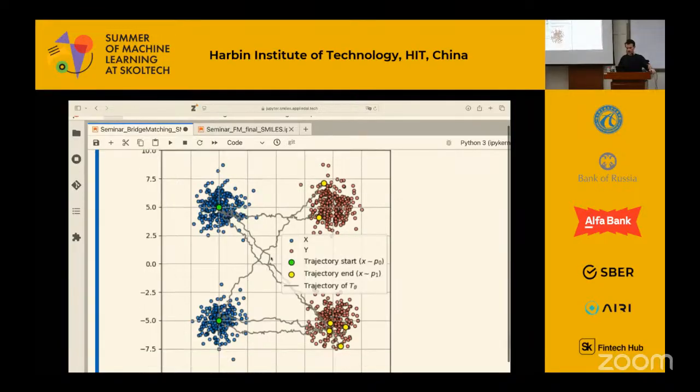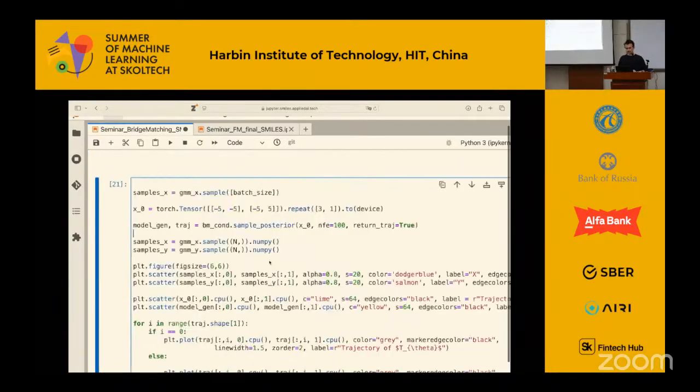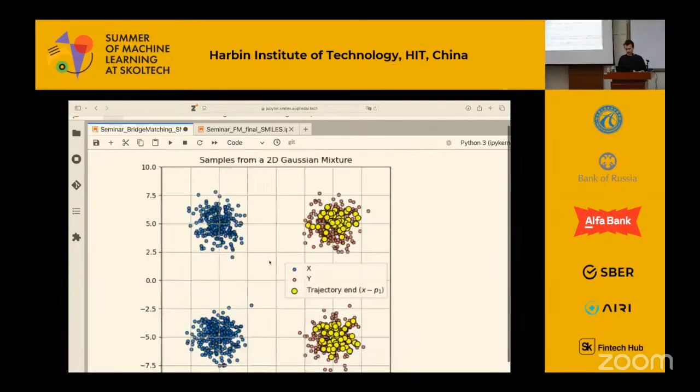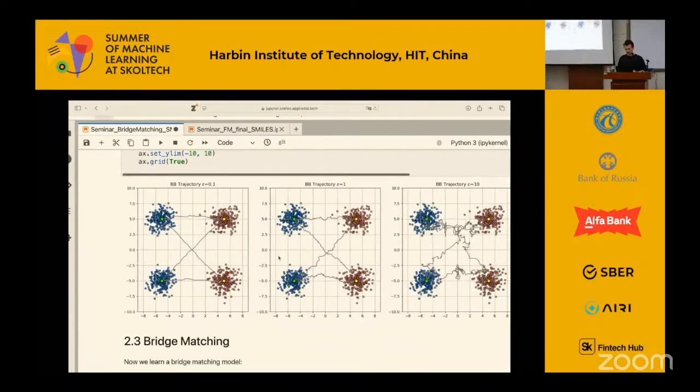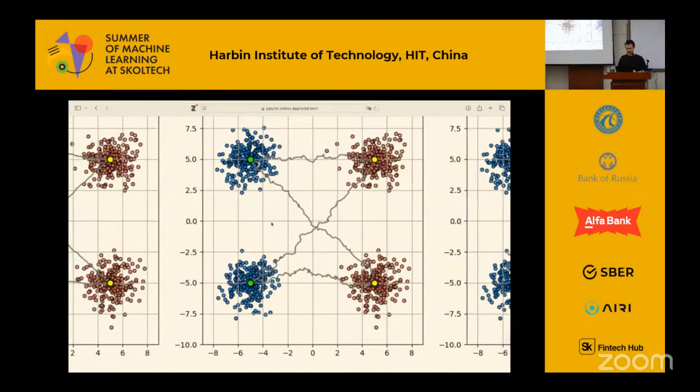This thing in the middle is the same as for the initial data distribution. Indeed, these generation trajectories very much look like the data that we have trained our bridge matching on. So I will recap that it looks like this. And this is very similar to the conditional bridge matching that we have just learned.